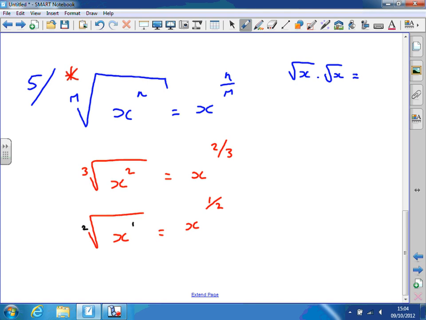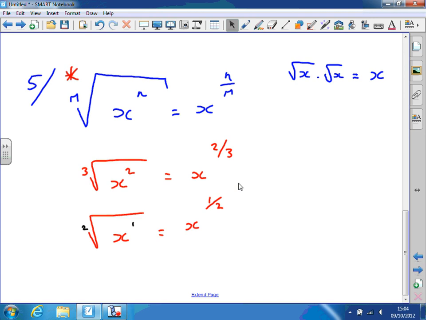Which is? You're right, Tom. What's the square root of x squared? X. They cancel each other out, don't they? They're opposite effects. So the square root of x times the square root of x is just x. By definition. Because that's what the square root means.